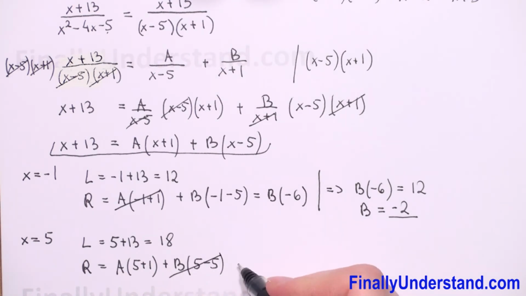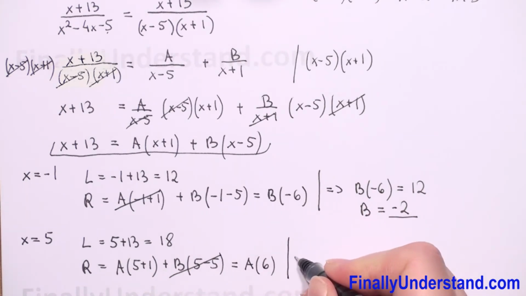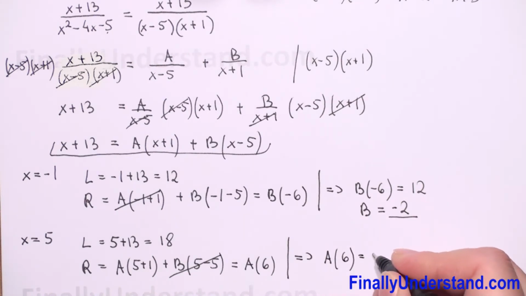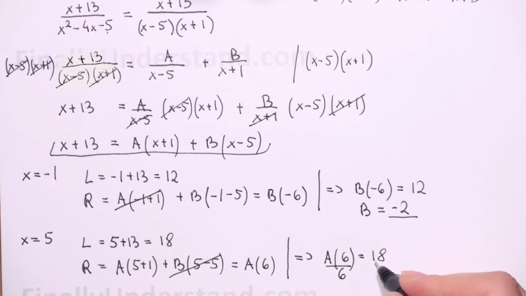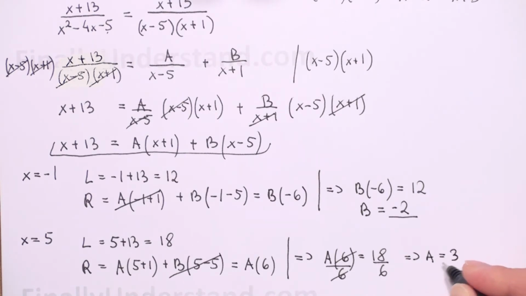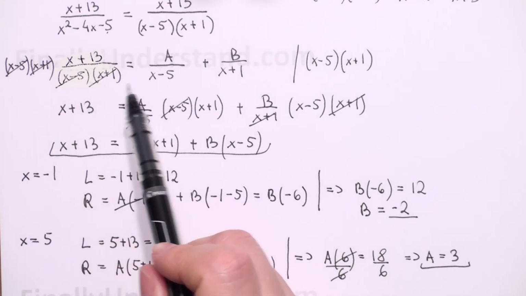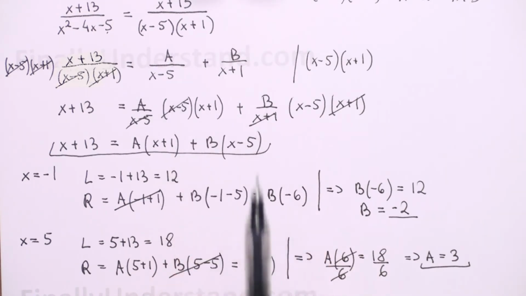So this expression we can reduce, and we have A times 6 only. Left side and right side should be equal, so A times 6 should be equal to 18. We can divide both sides by 6, and 6 and 6 we can reduce, and we have that A is equal to 3. We found A and B, so we can rewrite our rational fraction as a sum of partial fractions.